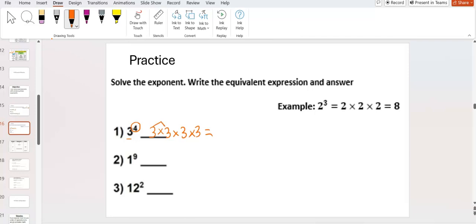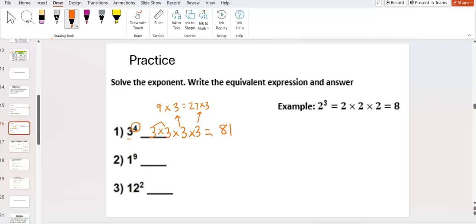So 3 times 3 is 9. Then we take 9 and times it by another 3 to get 27. Then we take that 27 and times it by another 3 to get 81. So our answer is 3 times 3 times 3 times 3, or 81.